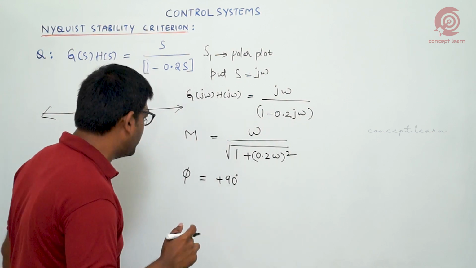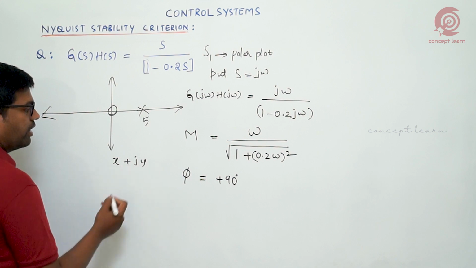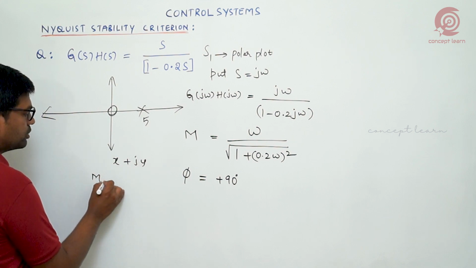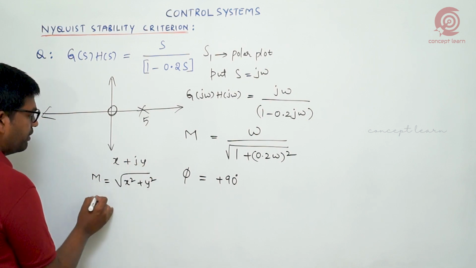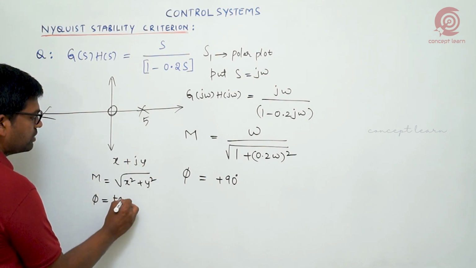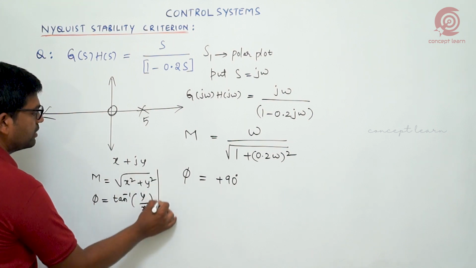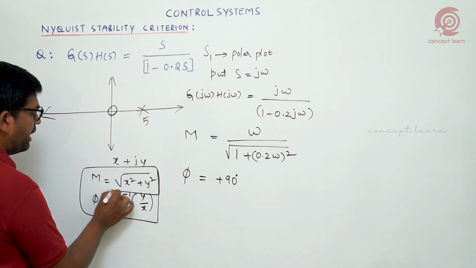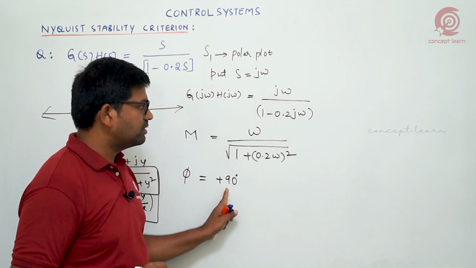How do we find the phase angle? Suppose x plus jy is there. How do we get the magnitude? Square root of real part square plus imaginary part square. The phase angle is tan inverse of imaginary part by the real part. With this simple relation, we are writing the magnitude and phase angles. The numerator gives plus 90.